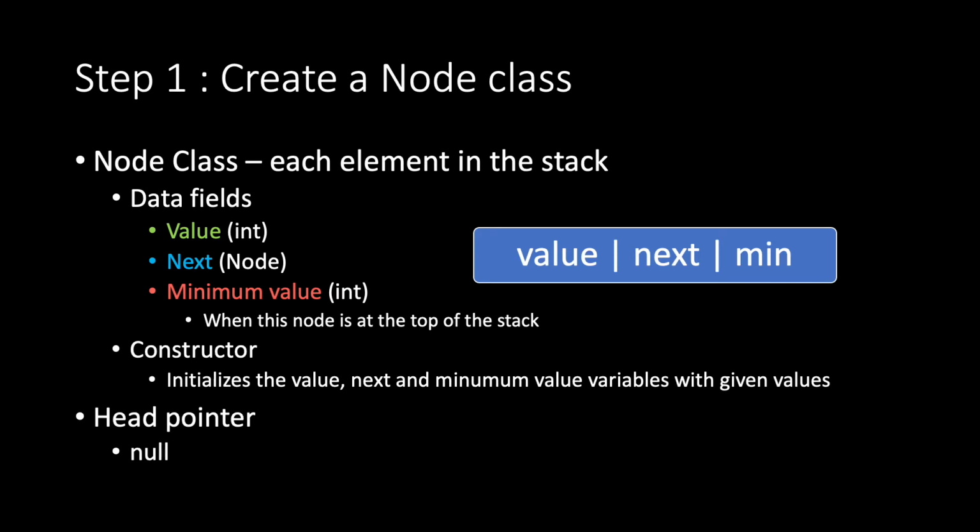This is the minimum value when the current node is at the top of the stack as well. And then we're going to have a constructor that initializes all of these data fields. And then we're also going to have a head pointer that will point to the node at the top of the stack at all times. But at first, the head pointer is null because the stack is empty.